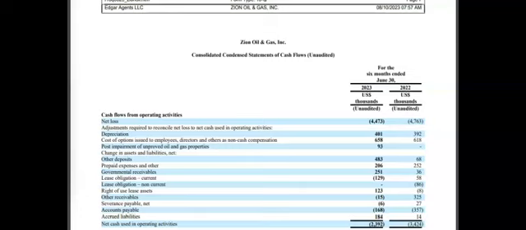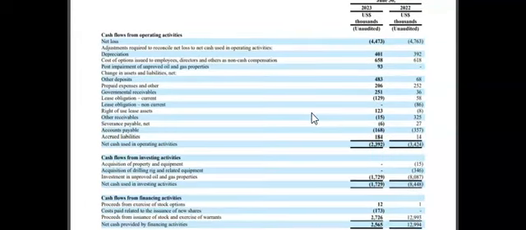Or if you see numbers such as 401, 401 times 1,000 is 401,000. Okay, I'm not going to go through the whole thing here.